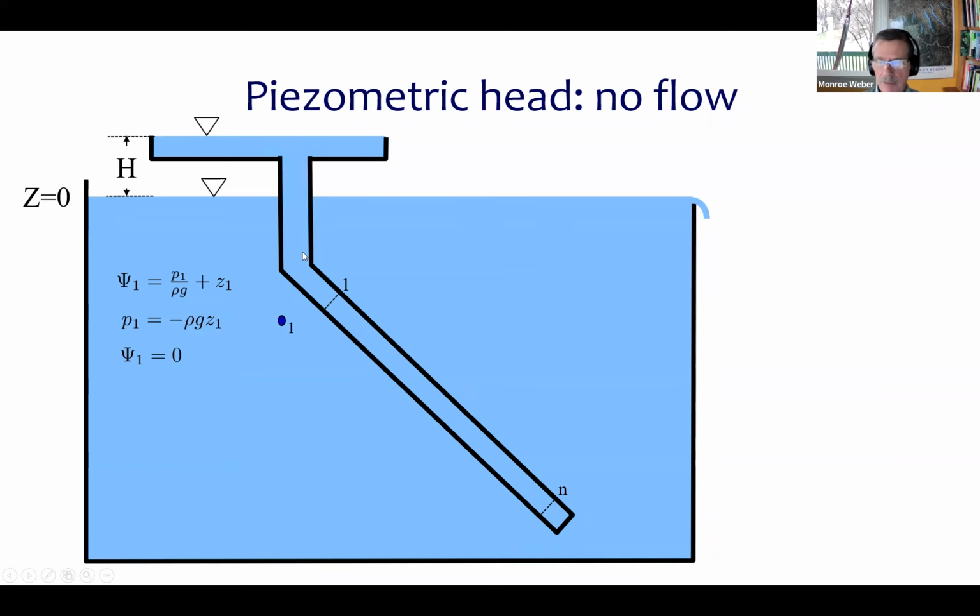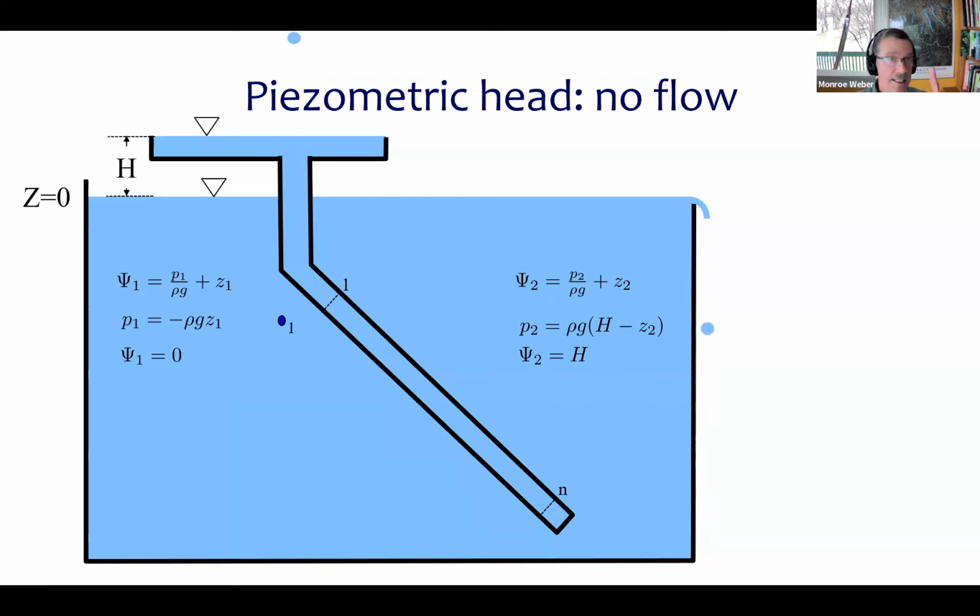And if we go inside this pipe that I have closed off, but it has water at a higher level, what is the piezometric head there? Its water surface is h higher than the lake's, and so its piezometric head is equal to h. So the piezometric head inside this pipe is h, and the piezometric head in the swimming pool is 0.